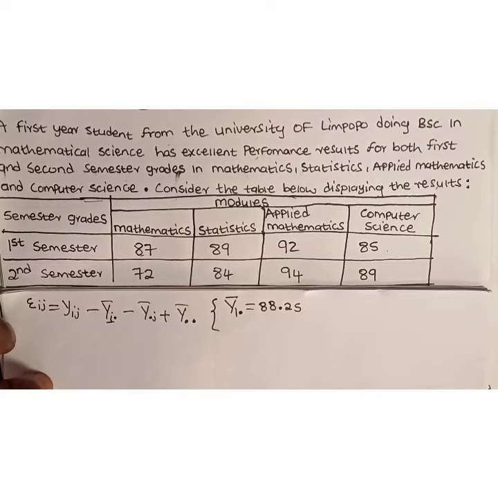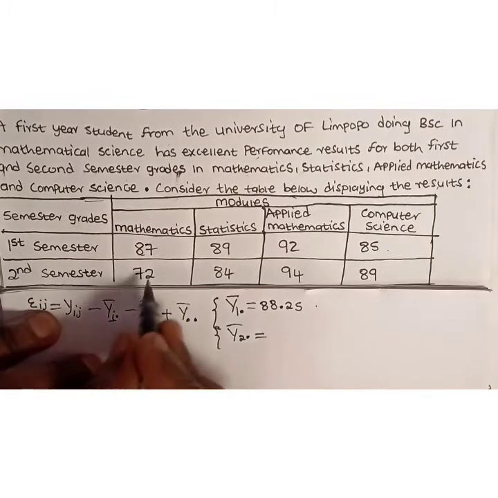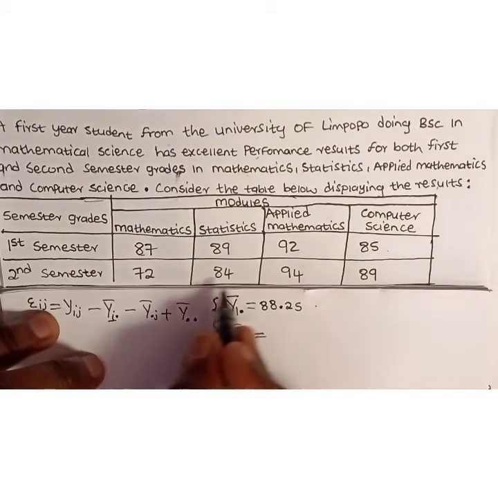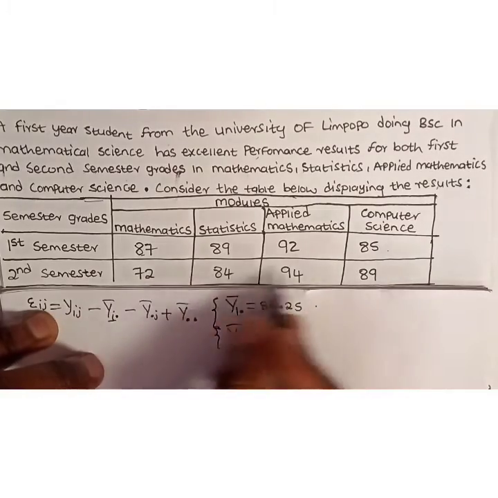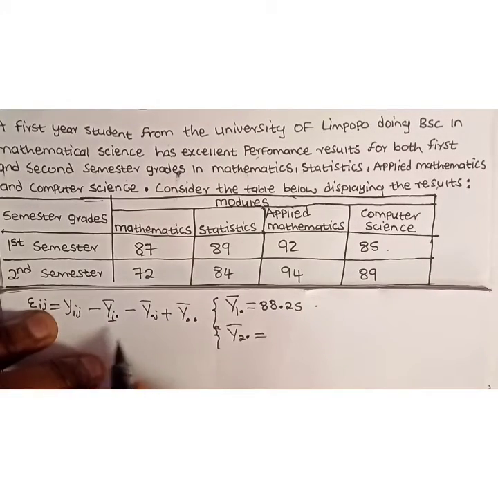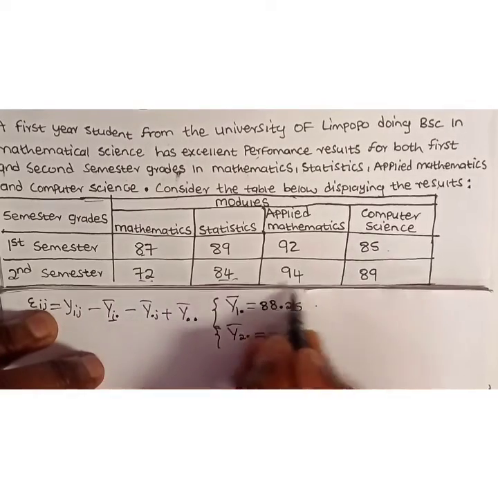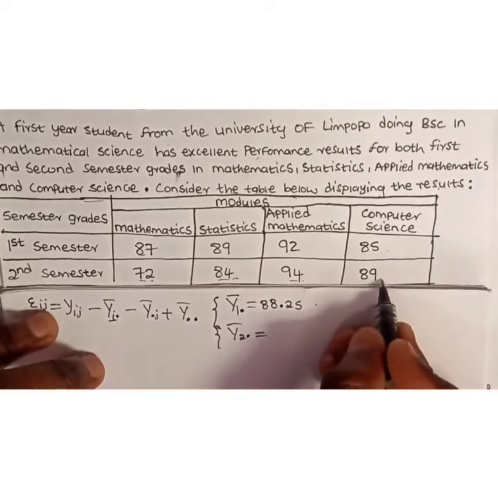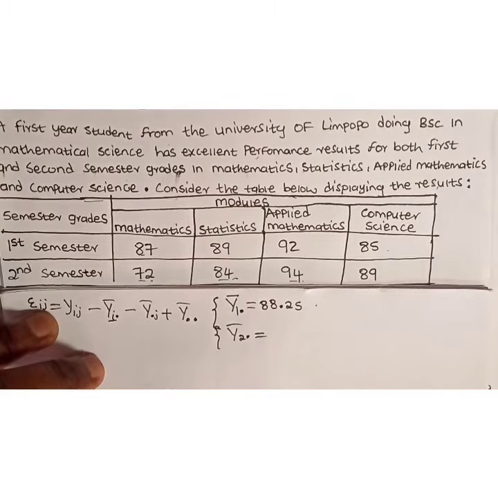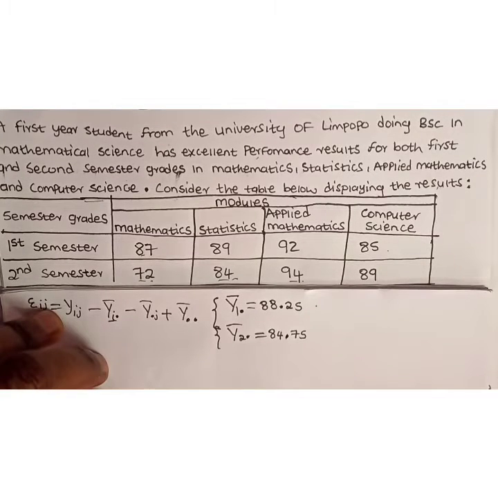And the mean for the second treatment is y bar 2 dot, which is also given by the average of observations from the second row. So it's 72 plus 84 plus 94 plus 89 all divided by 4, and you'll get 84.75.